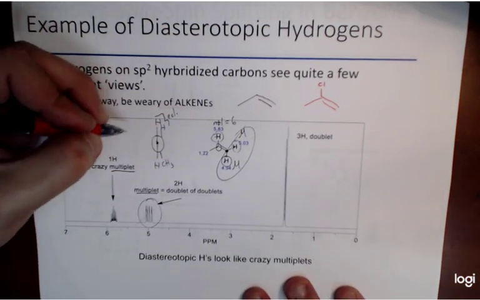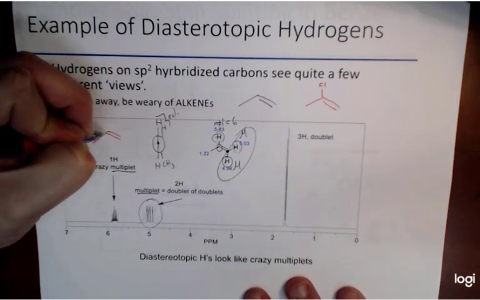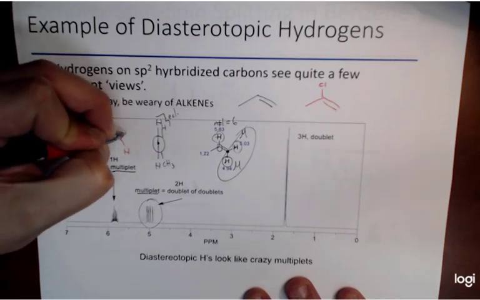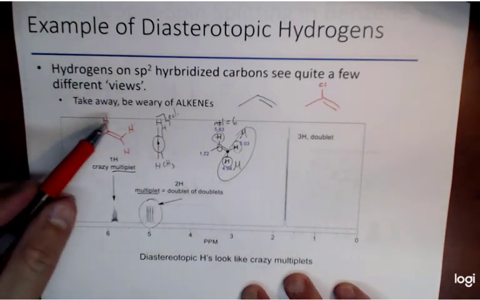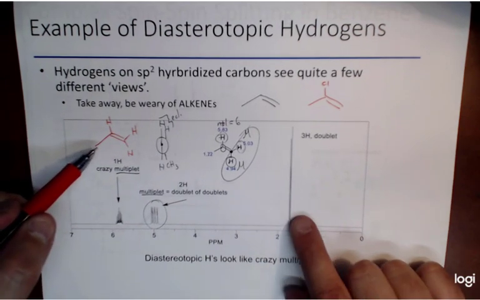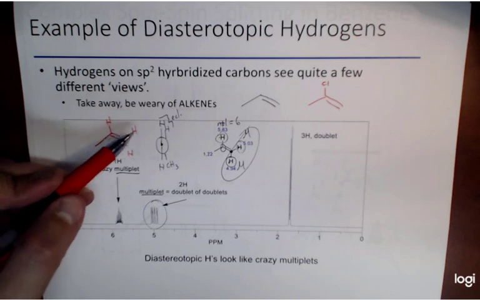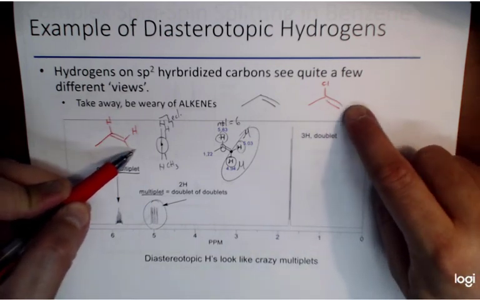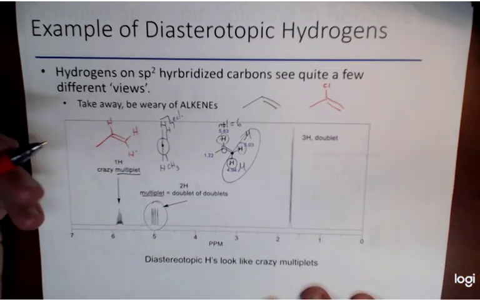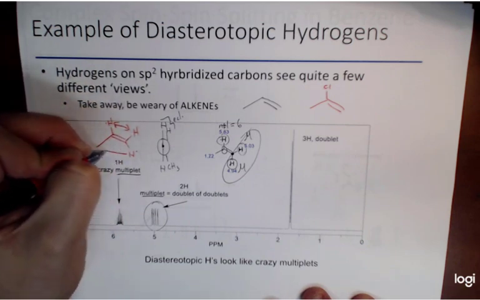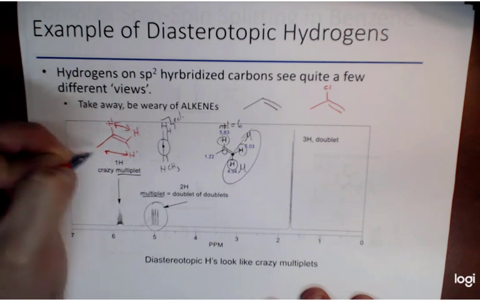So if we look at this structure, I've already edited it severely enough that I think I need to redraw it. But when we look at this structure for the NMR spectrum shown, you'll see these two hydrogens, as we saw in the case over here, are going to be different, because this hydrogen is eclipsing with that one, and this hydrogen is eclipsing with a methyl group.